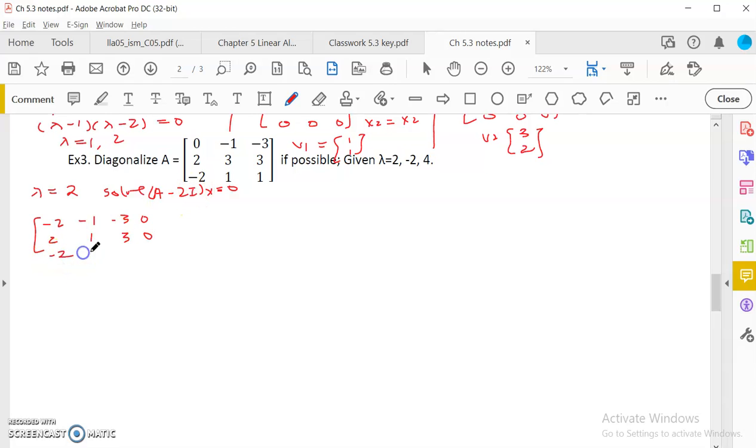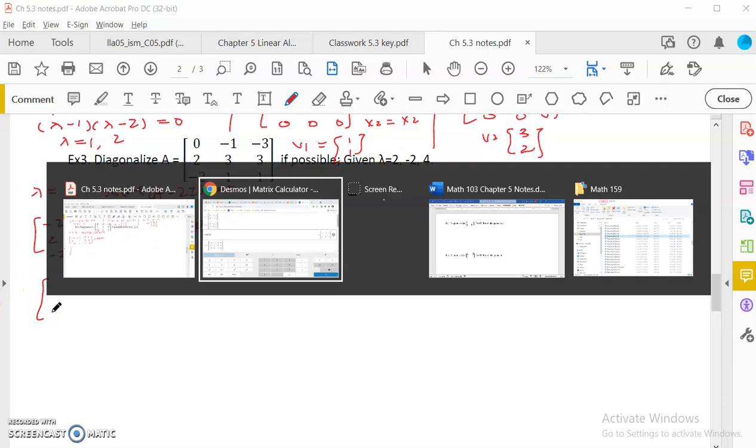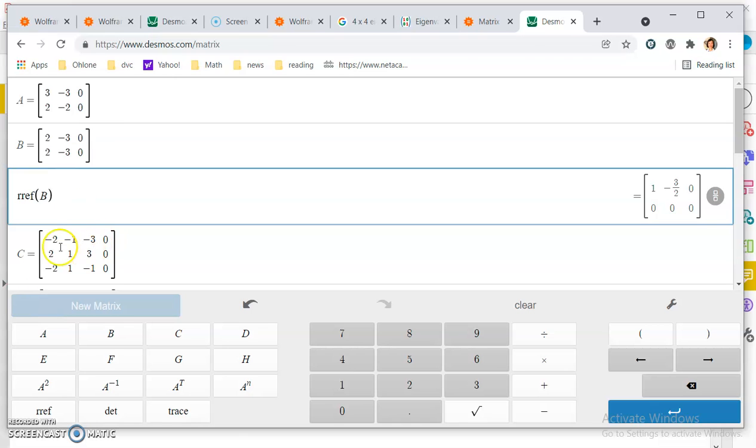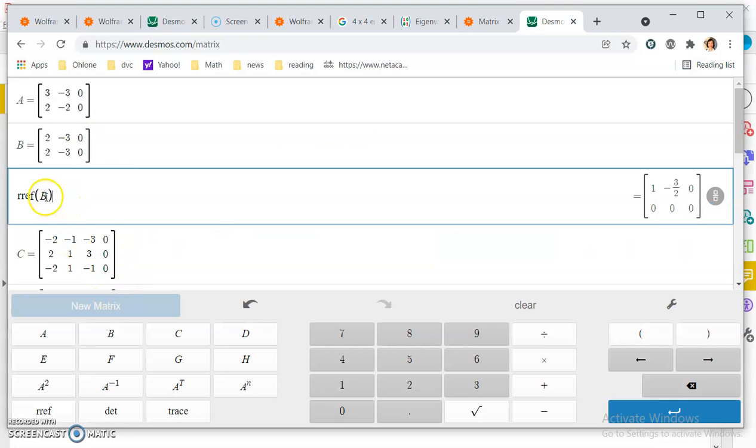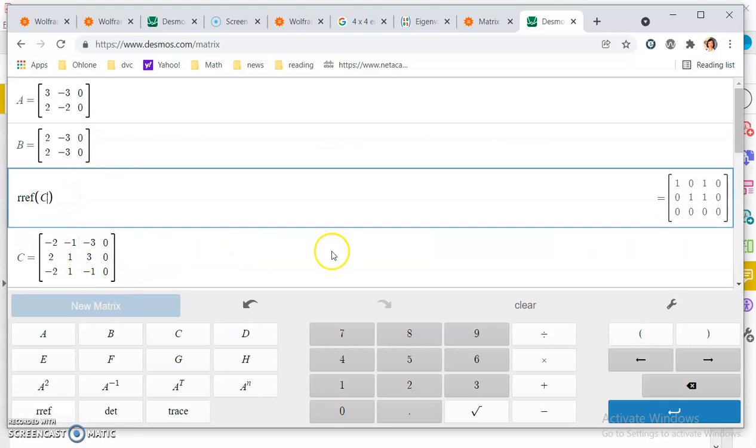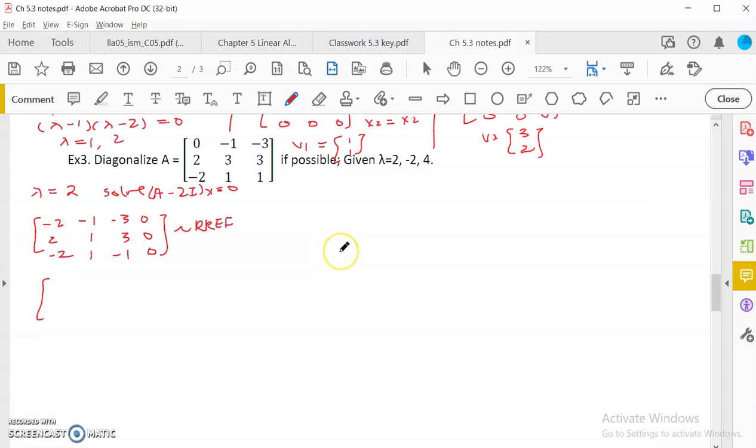Negative 2, 1, minus 2, 1 minus 2 is negative 1, 0. So do the augmented matrix and RREF in the calculator. Most of them you can actually do by hand. I have negative 2, negative 1, negative 3, 2, 1, 3, negative 2, 1, negative 1, and I RREF. This would become 0, 1, 1, 0, 1, 0.